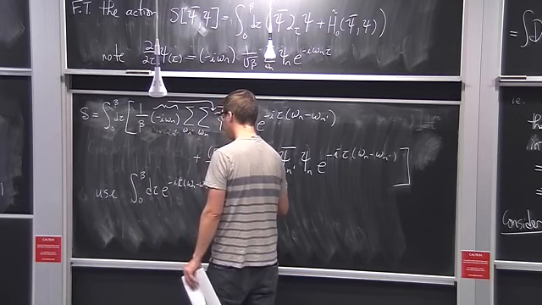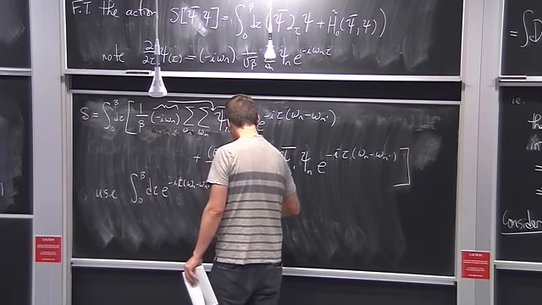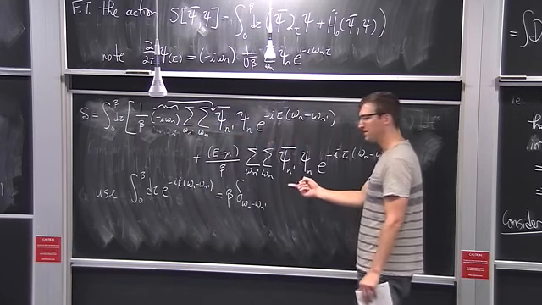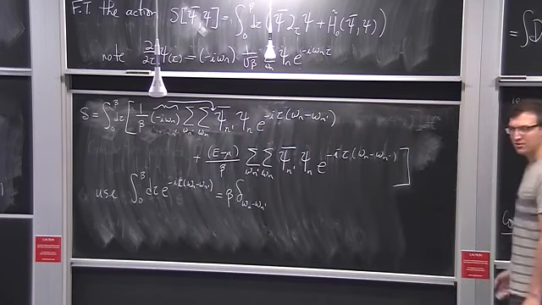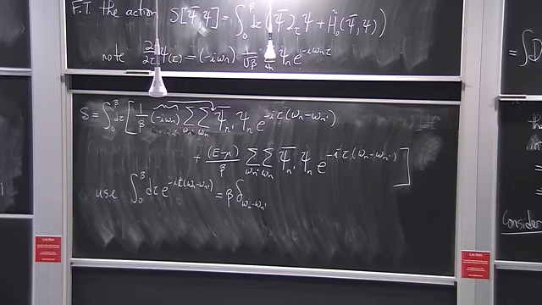You have to have the normalization, then it's just delta omega n minus omega n prime. That just sets your indices on the sums to be the same. So like all of these types of integrals, you only get one sum over frequencies which contribute.